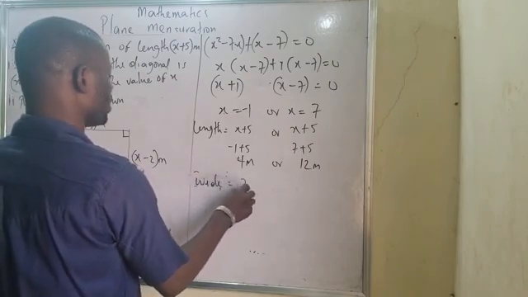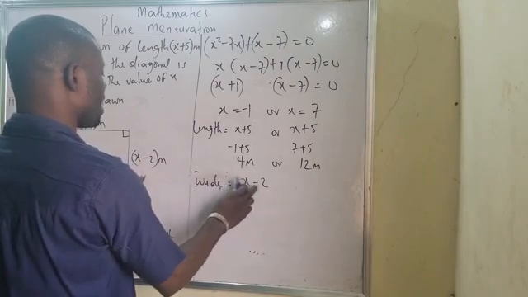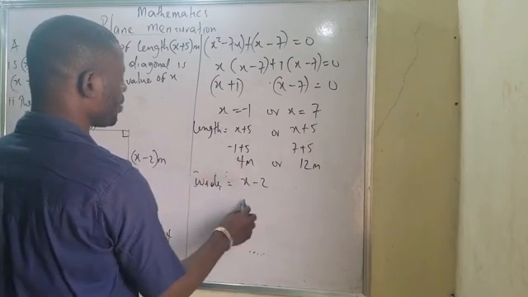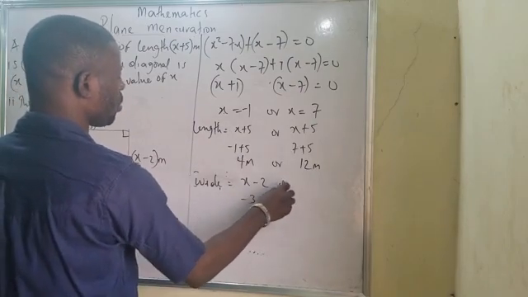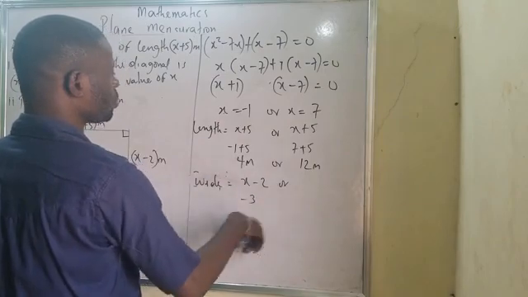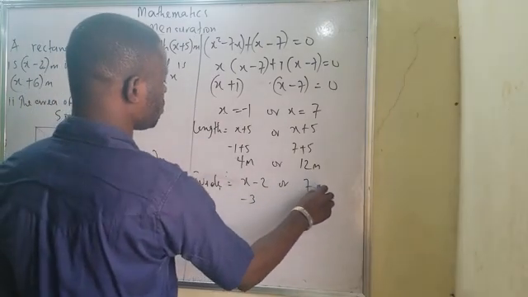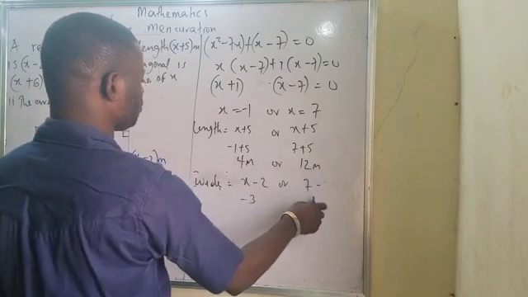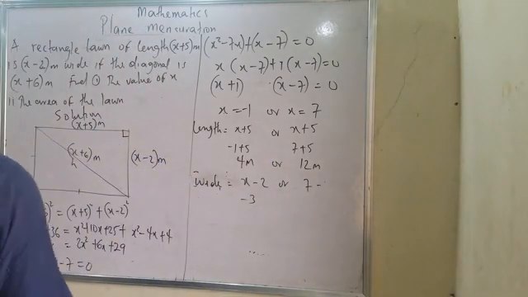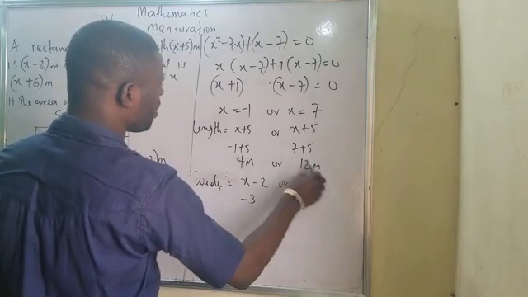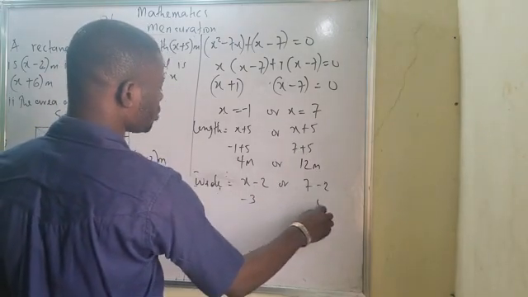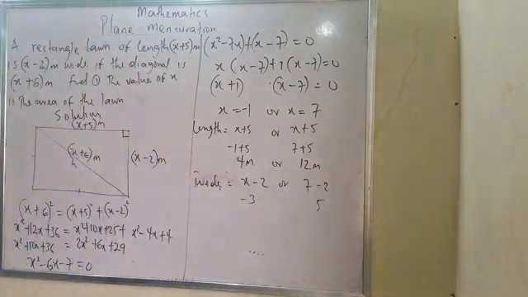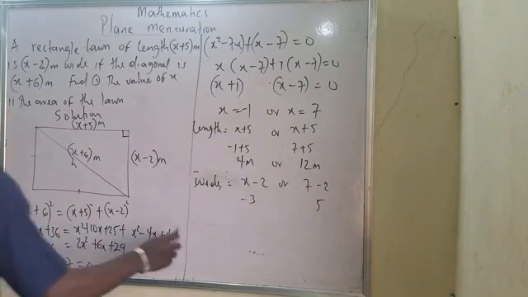It will be equals to x minus 2, which is, I have it when x is equals to minus 1 will be minus 3, or when x equals to 7 it will be 7 minus 2, which is going to be 5. That's just it. Now, by so doing that, you can now find your what, area.